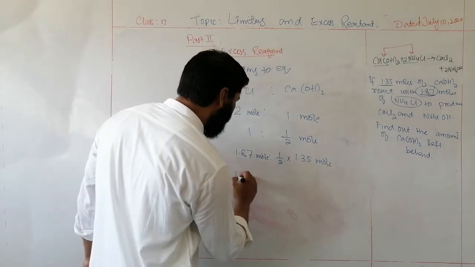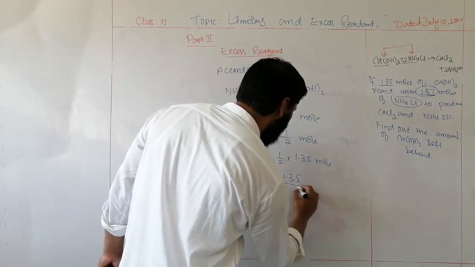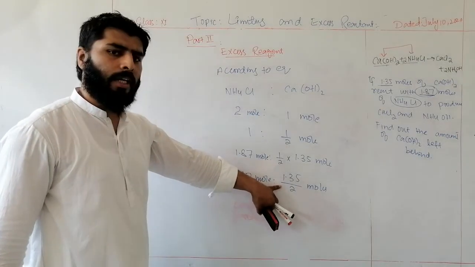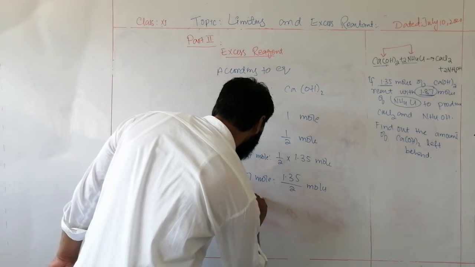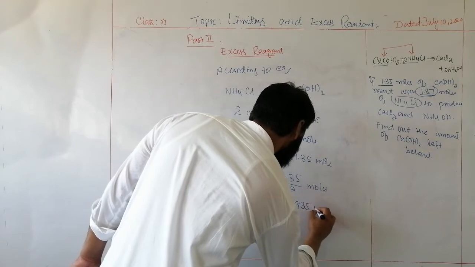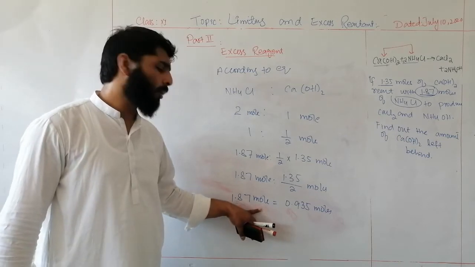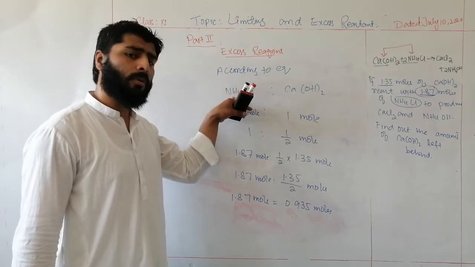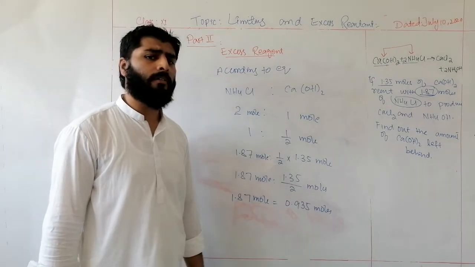Now it will be 1.87 moles, 1.35 by 2 moles, divided by 2. So we can say that with 1.87 moles of ammonium chloride, 0.935 moles of calcium hydroxide will react.